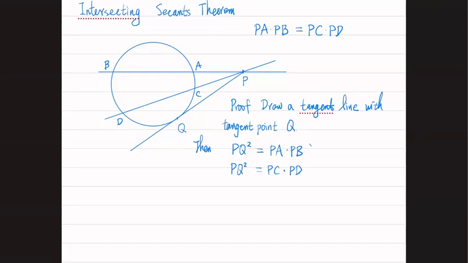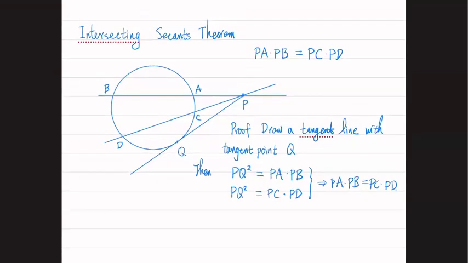So if we combine the two, we get... okay. So this is the intersecting secant theorem. So two different proofs. One direct proof, similar triangles.